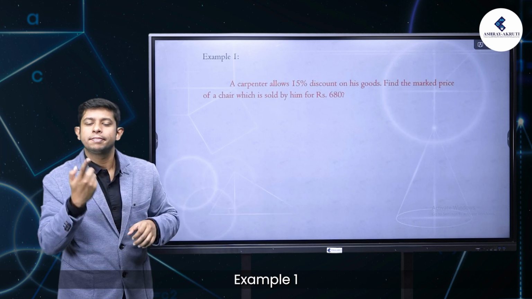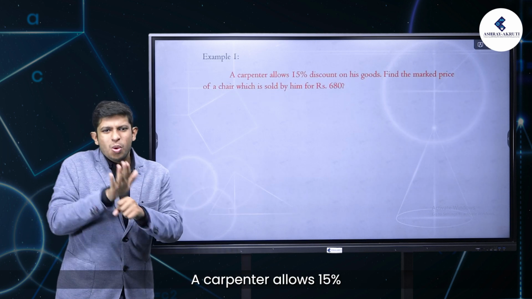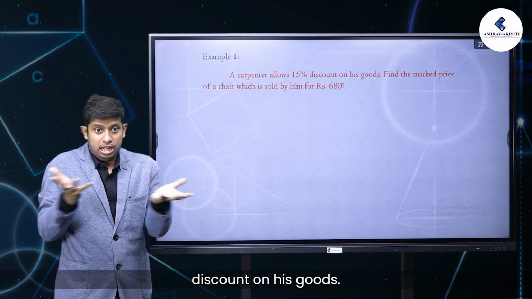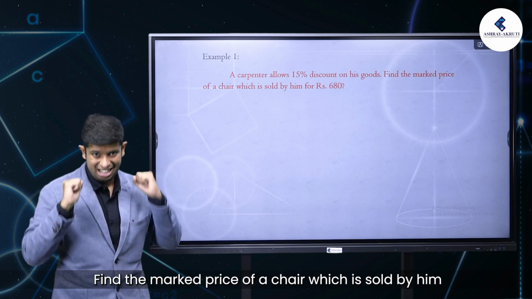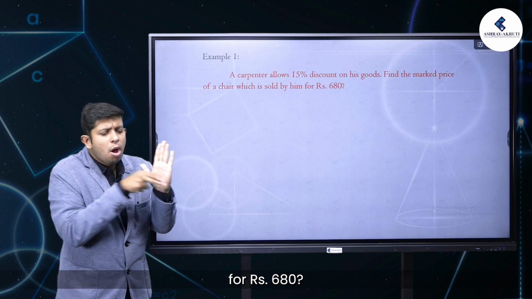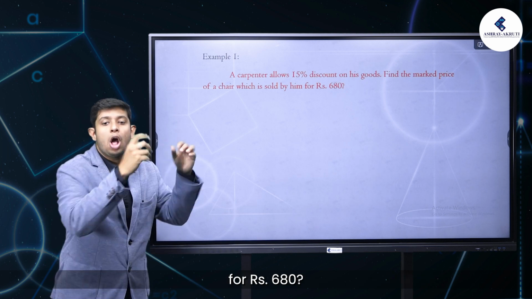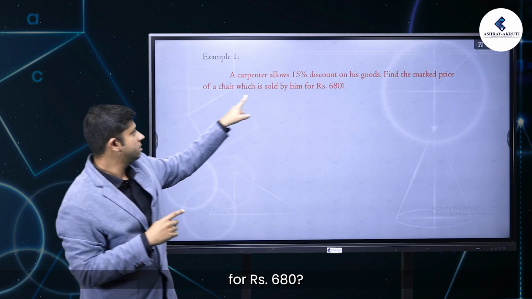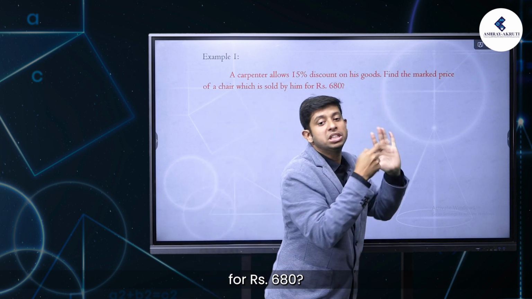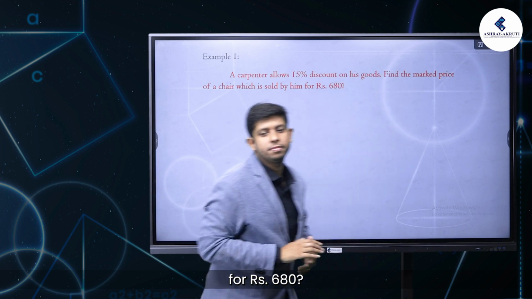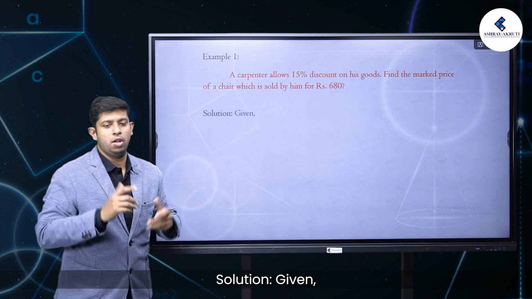Example 1. A carpenter allows 15% discount on his goods. Find the marked price of a chair which is sold by him for rupees 680. Solution.